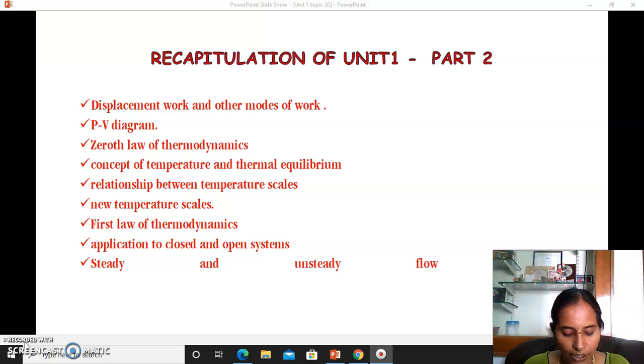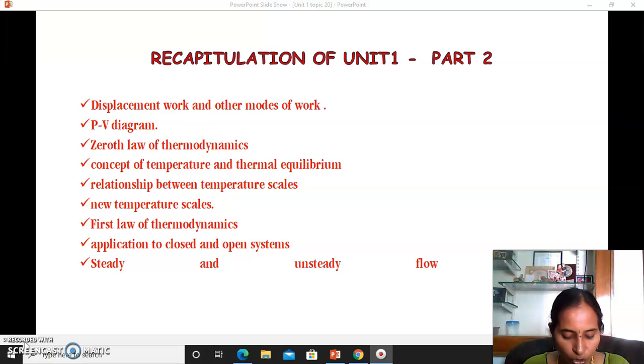The useful correlations helpful in solving problems are: Cv equals dU by dT at constant volume, and Cp equals dH by dT at constant pressure. Cp by Cv is also termed gamma, and Cp minus Cv is equal to R, the gas constant.